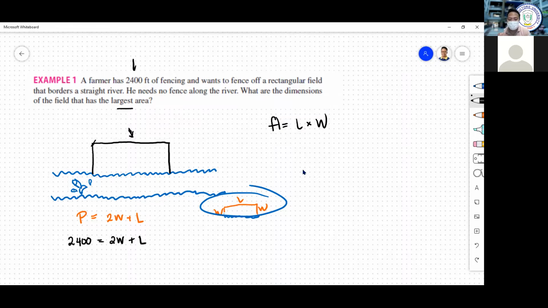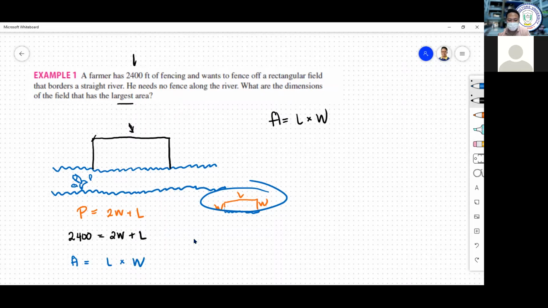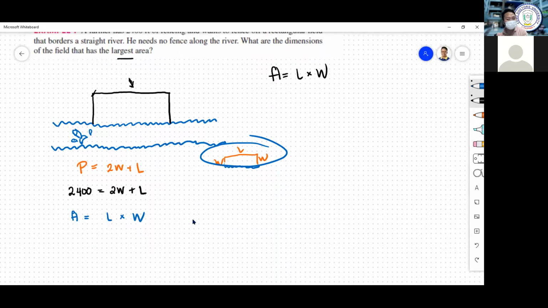So the area formula, as I mentioned earlier, is given by this model: length times width. Now, if you remember our discussion last week, I said that as much as possible, you express this side of the equation in just one term.